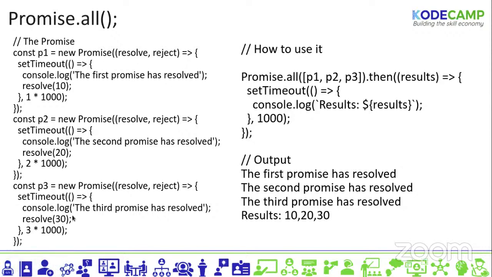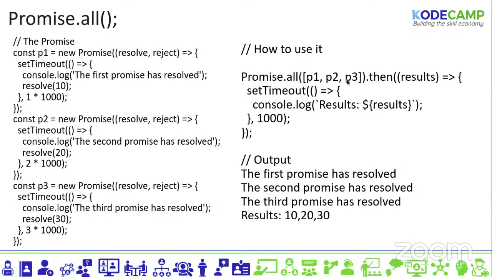If you want to run all these 3 promises at once, the reason we put setTimeout is so that it will run this one first, this one second, and this one third. We pass all these promises into promise.all as an array.